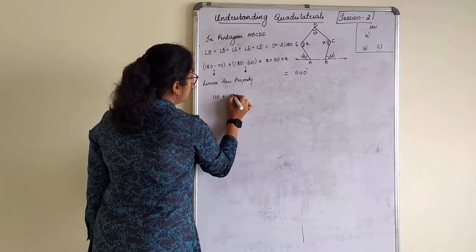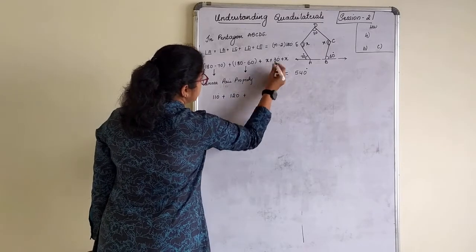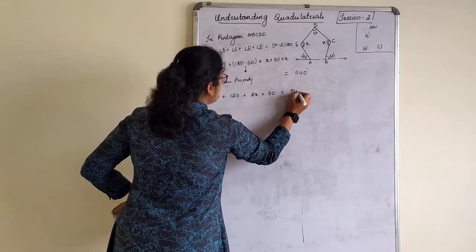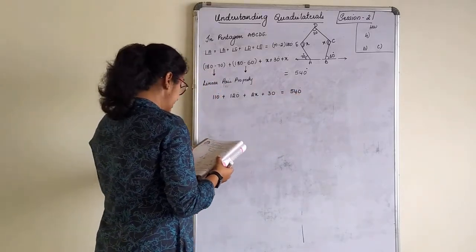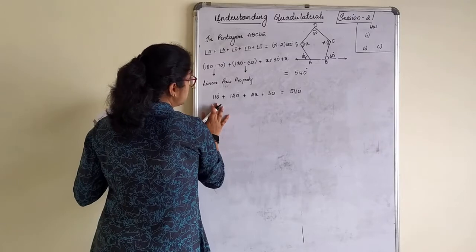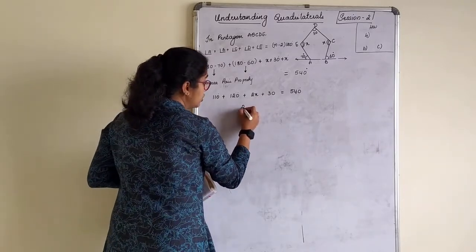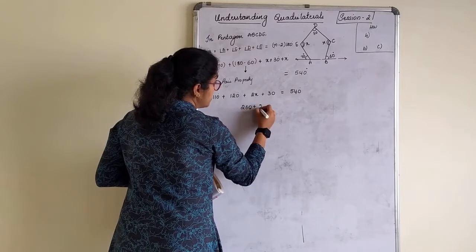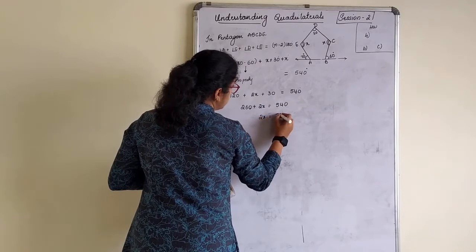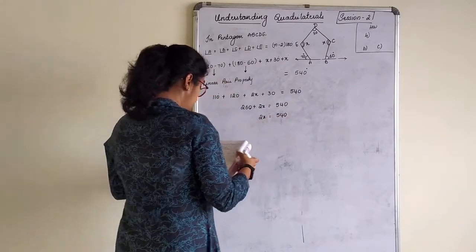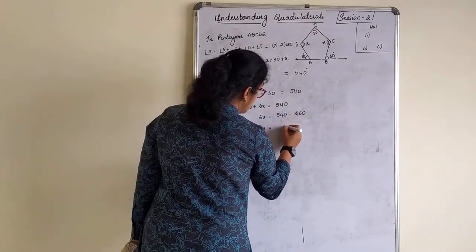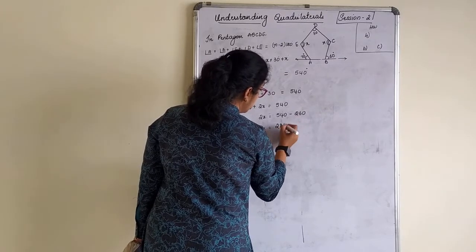Okay. So next part we will do: 180 minus 70 is 110, 180 minus 60 is 120, plus x and x, 2x plus 30 is equal to 540. So pentagon, 5 sides, that is what we have written. Next let us add this: 100, 200, 220, 230. 230 plus 30 is 260, plus 2x is equal to 540. 2x is equal to 540 minus 260, 2x is equal to 280.